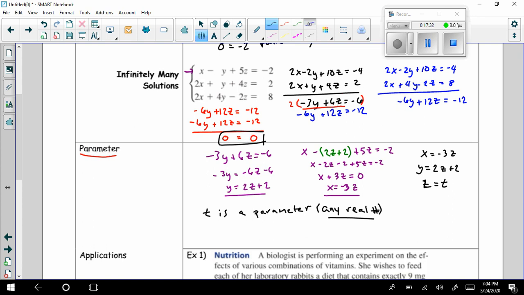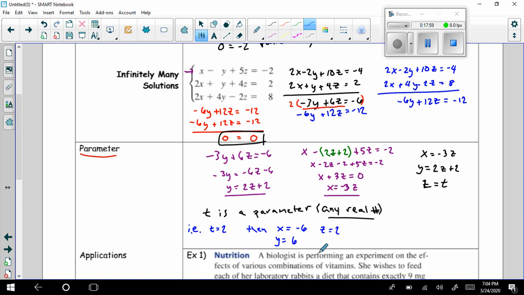So let's say, for example, your parameter is 2. Then x would equal negative 6. y would equal, that's 2 times 2 is 4, plus 2 is positive 6. And z would equal 2.